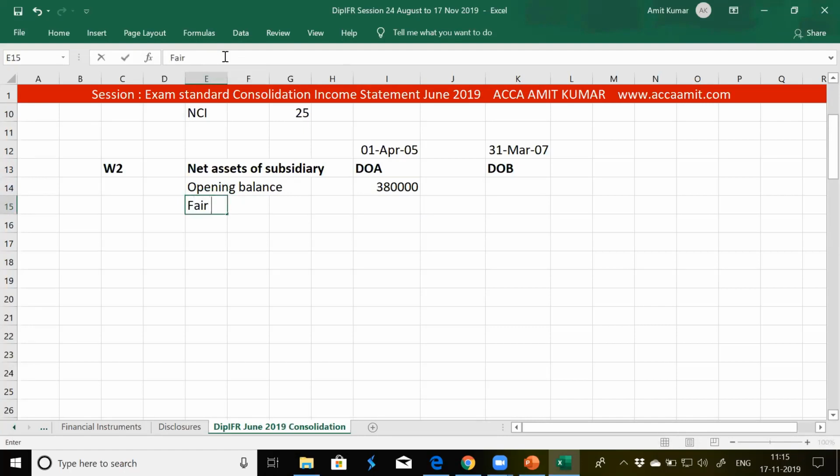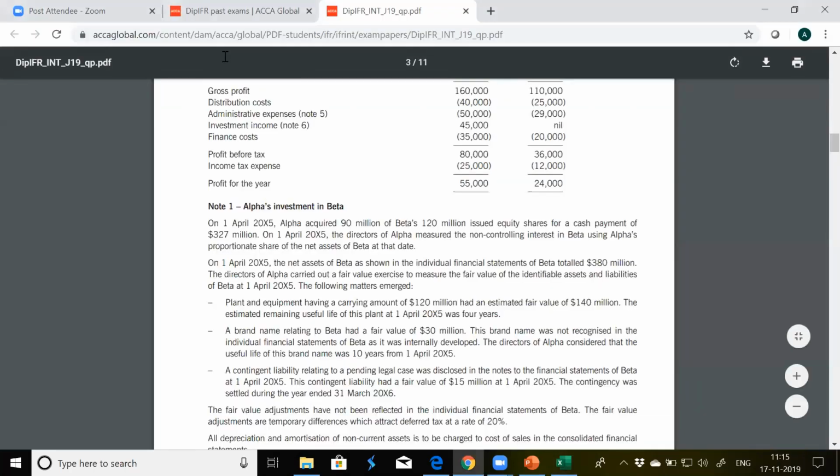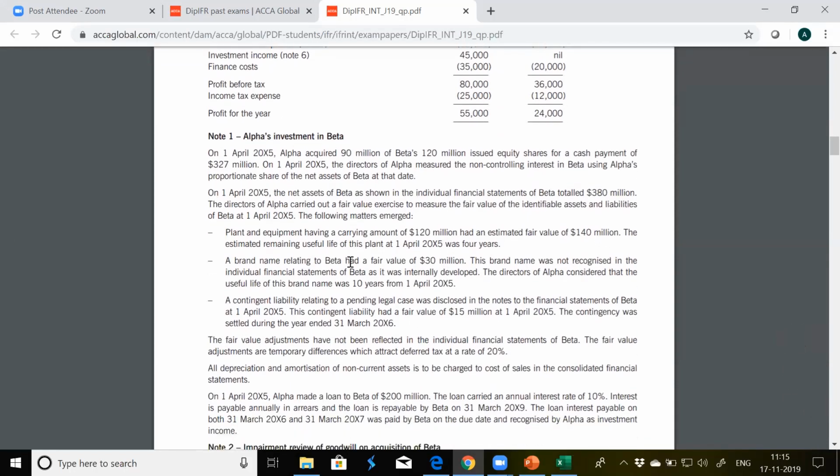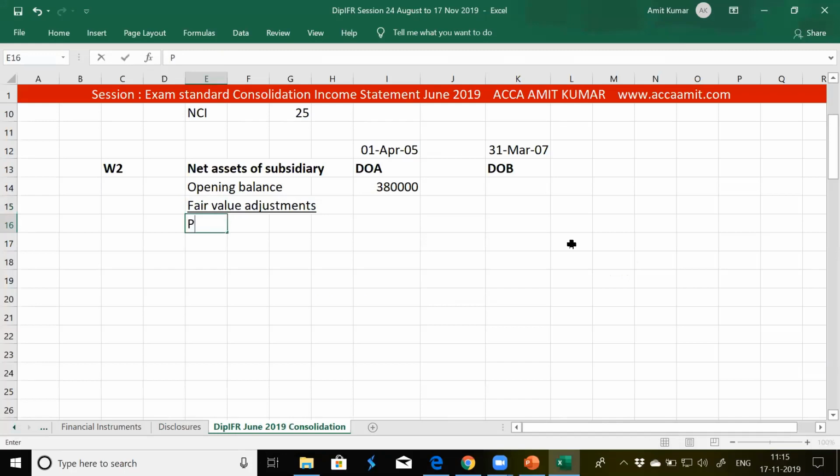Fair value adjustments. The net assets of Beta shown in the financial statement total 380 million. Plant and equipment having a carrying value of 120 had an estimated value of 140. Plant and equipment began life with 20,000.